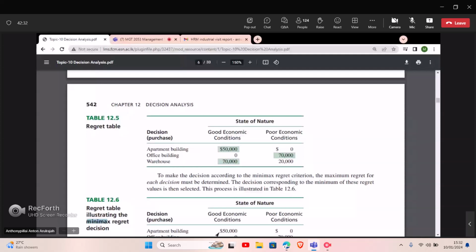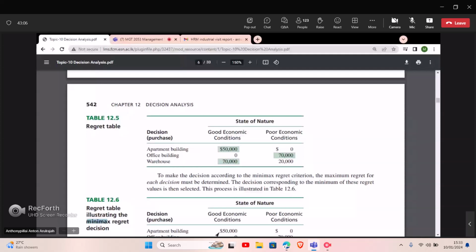So the maximum pay of PA is comparing with the two economic situations, the maximum is 50. So that should be multiplied by alpha value, which is given as 0.6. Right? So therefore, 1 minus alpha is 0.4, and the other one is 0.5, other one is also 0.3, other one is 0.7.